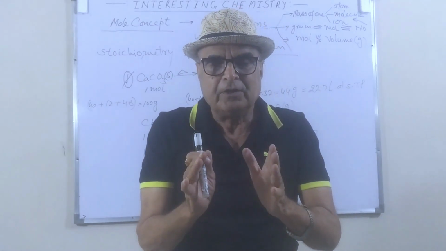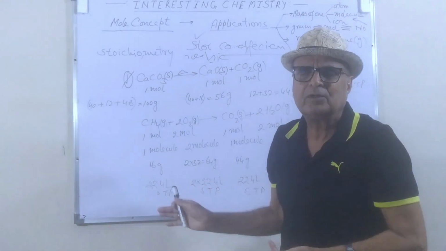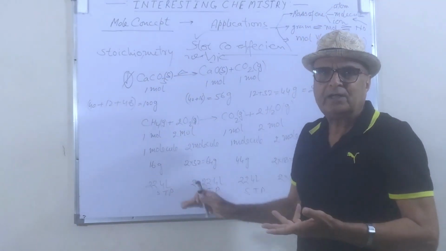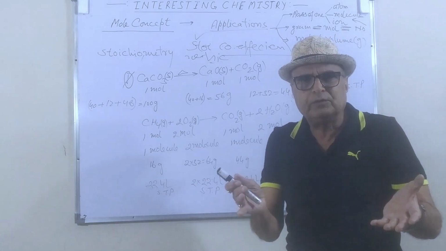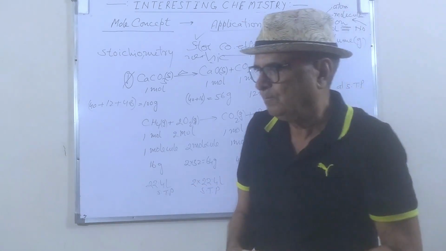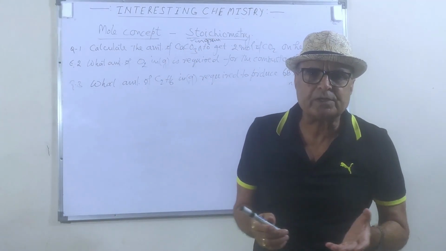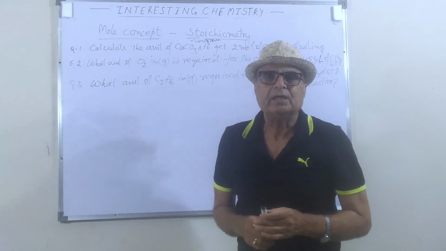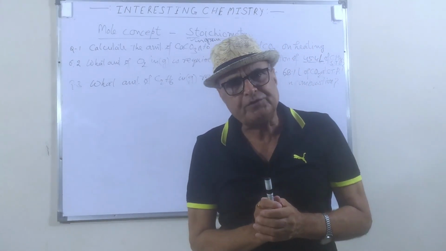To make your understanding more clear about the calculation, I have a list of questions. I will solve these questions with you. These are the questions for your practice. These questions are known as the numericals based on chemical equation.